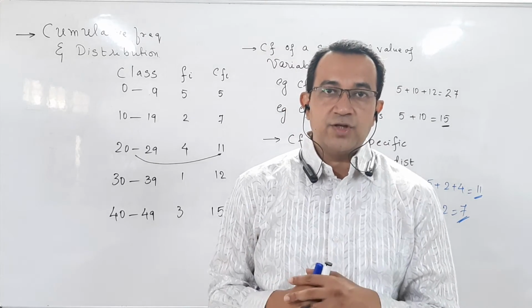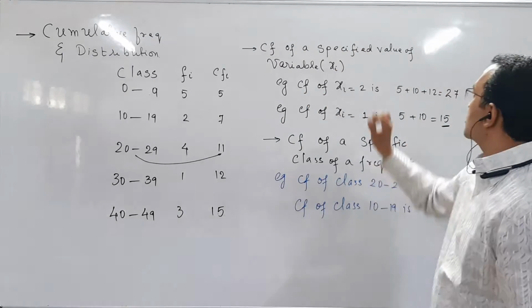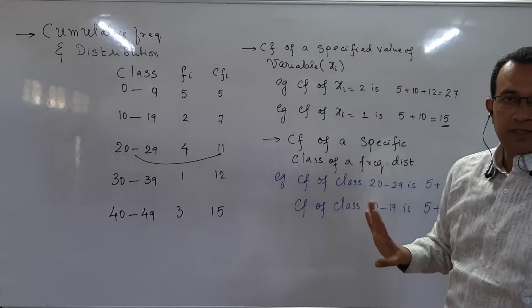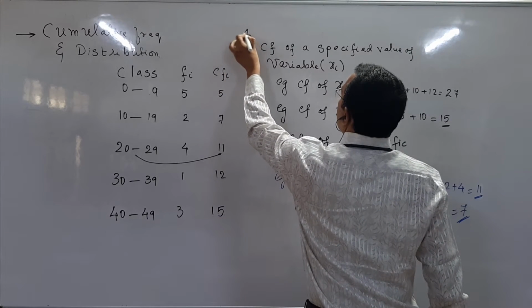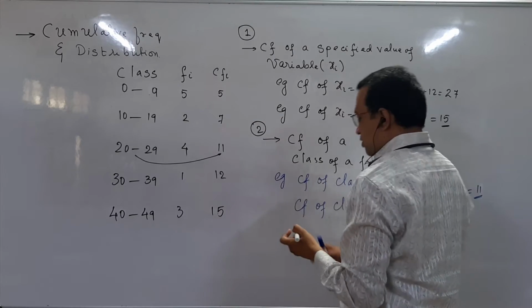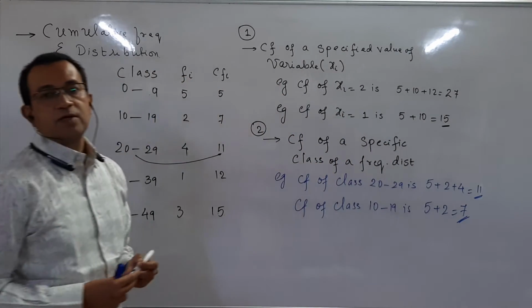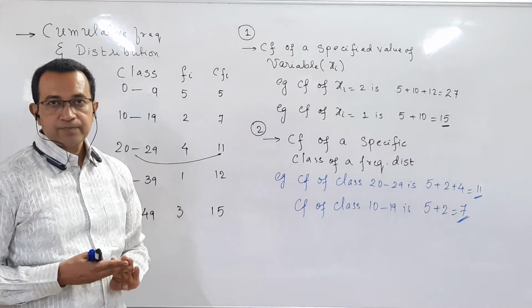My next definition, students, pay attention. Our first definition was cumulative frequency of a specified value of variable. This was our first definition, so I am writing here 1. Our second definition, which you have to write, is cumulative frequency of a specific class of a frequency distribution. Clear?